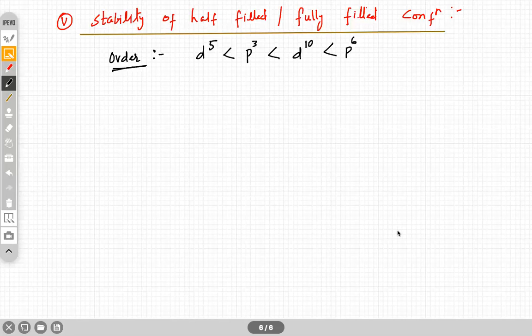As we go left to right in a periodic table, the ionization energy increases, but with some exceptions.